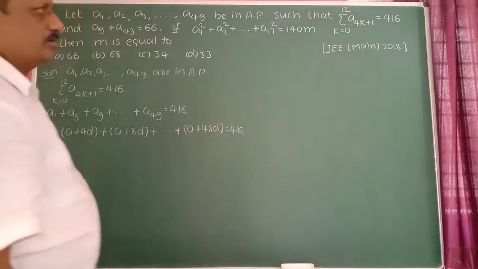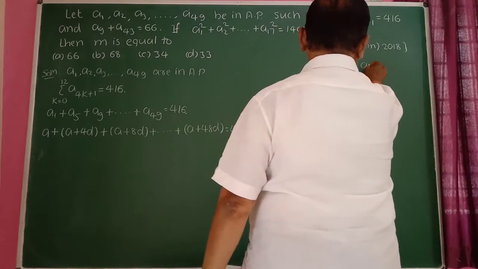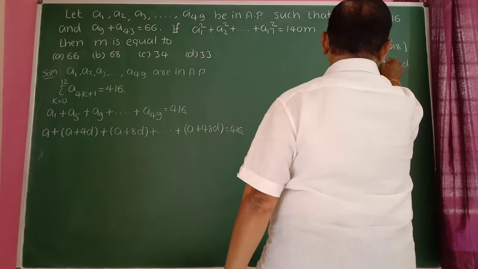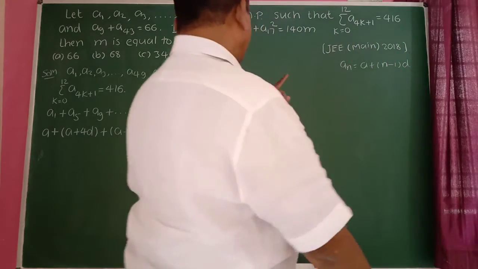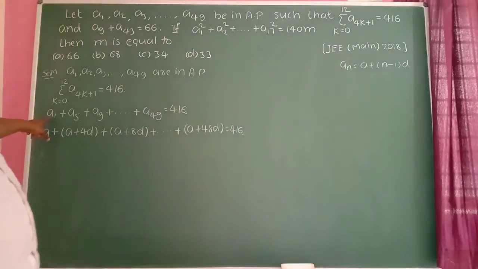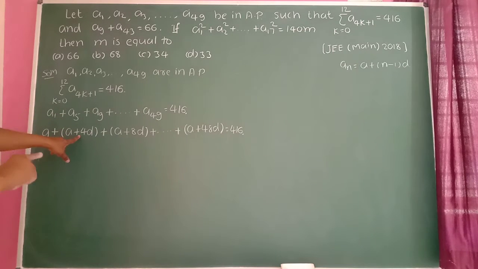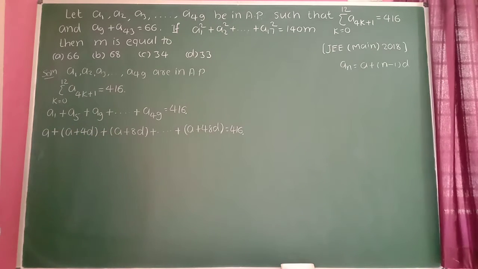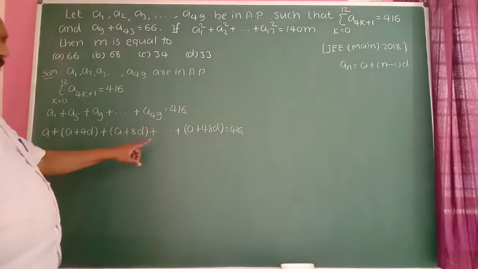Because you know this formula: An is equal to A plus (n minus 1) into D, where A is the first term and D is the common difference. We are using that result here. A1 is A, A5 is A plus 5 minus 1, which becomes 4D, A9 is A plus 8D and so on. These are also in AP.